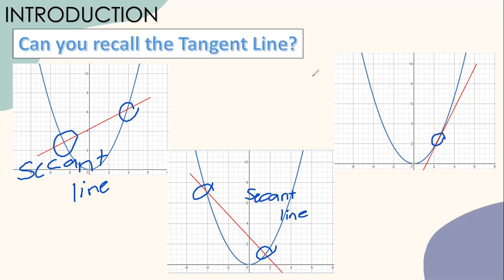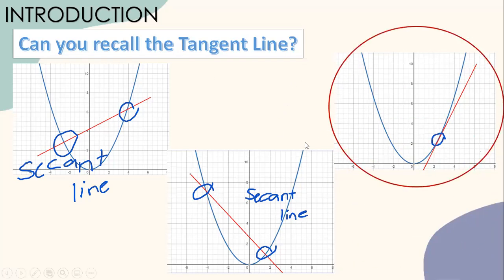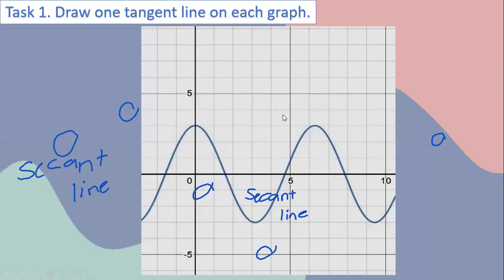So we can say that the third graph is showing us a tangent line to a curve or to a parabola. So this red line is tangent to the parabola. So that's it for the tangent line.